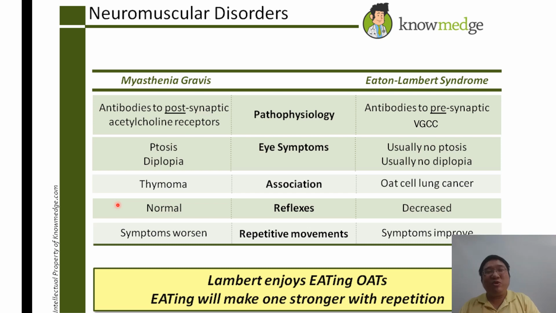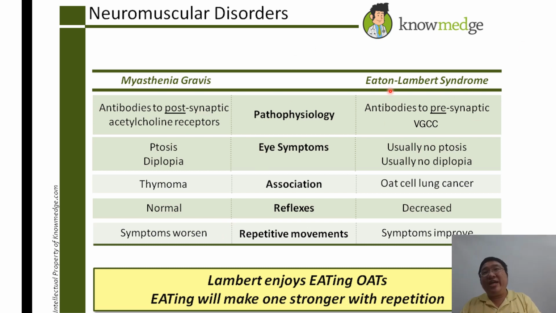So the patients will show some degree of weakness, but no one will do that, or the patients will punch at your face. So the reflex is normal because we stimulate only once. But if we stimulate again and again, repetitive movements, the symptoms will worsen.